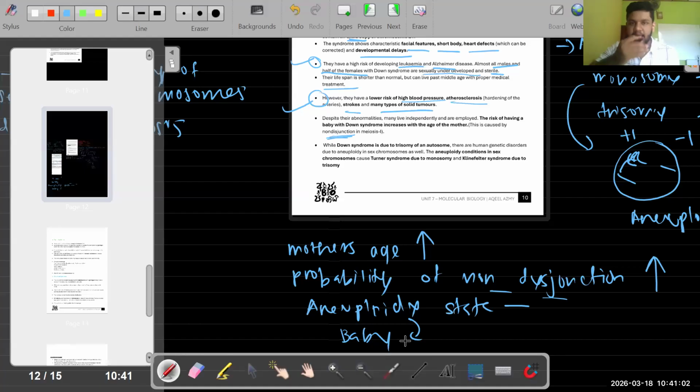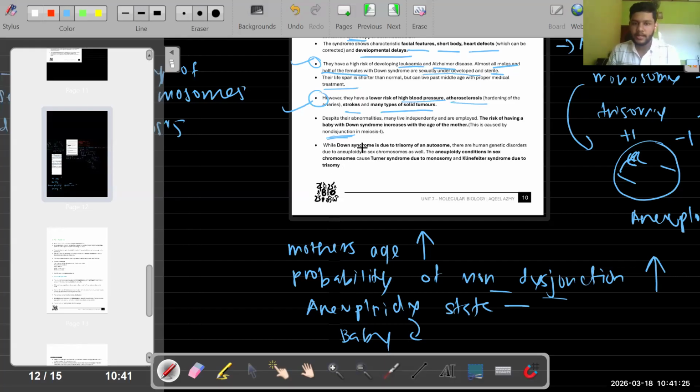If that takes place, her body cells will lead to an aneuploidy state, where one chromosome more or one chromosome less is present. Why? Due to the abnormal arrangement of chromosomes, right? So the child born will also have a risk. I'm not saying it will compulsorily have it. I'm saying there is a risk that the baby can be affected with Down syndrome, right?